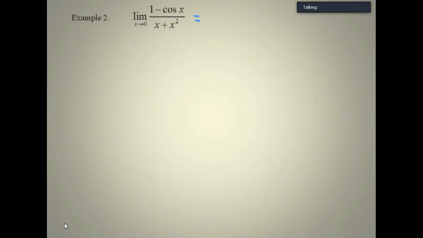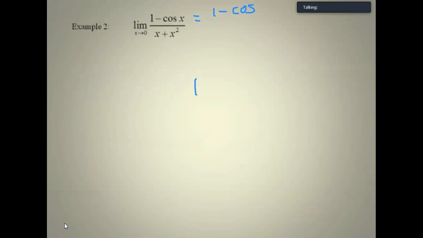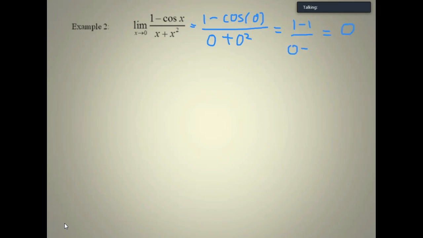So if you plug in 0 through direct substitution, cosine of 0 is 1. So you get 0 over 0.